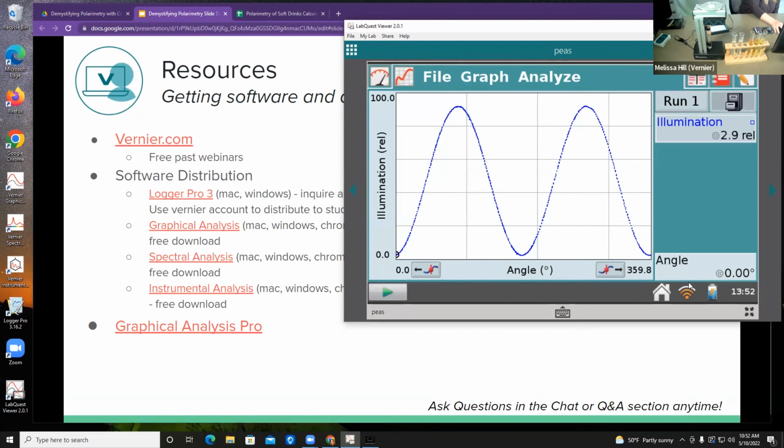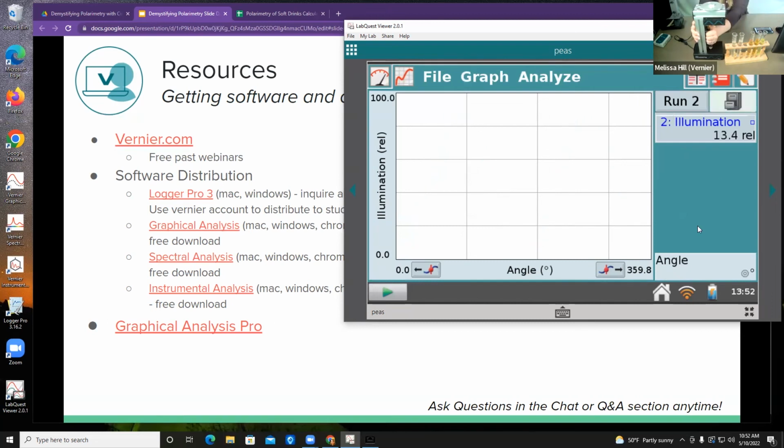And so I'm going to store that as my water. And then I'm going to put my sucrose in. Press collect. And then, again, nothing happens until I manually rotate this. And then it's not quite as aha-moment-y because now I have to pull up my water sample.